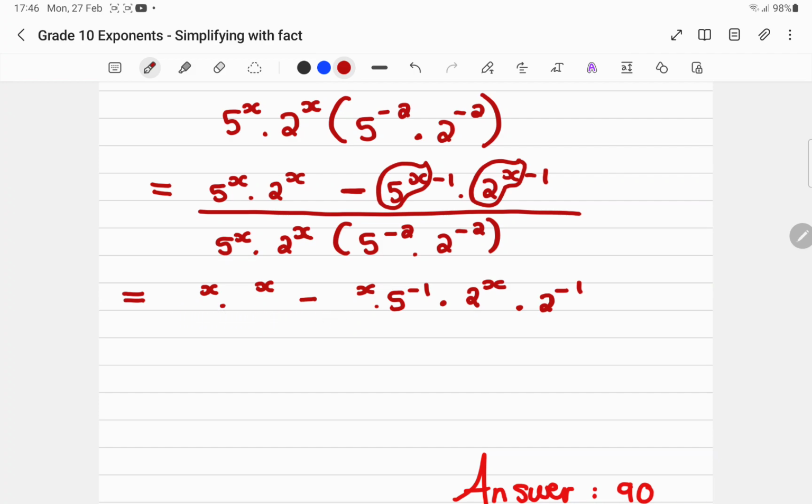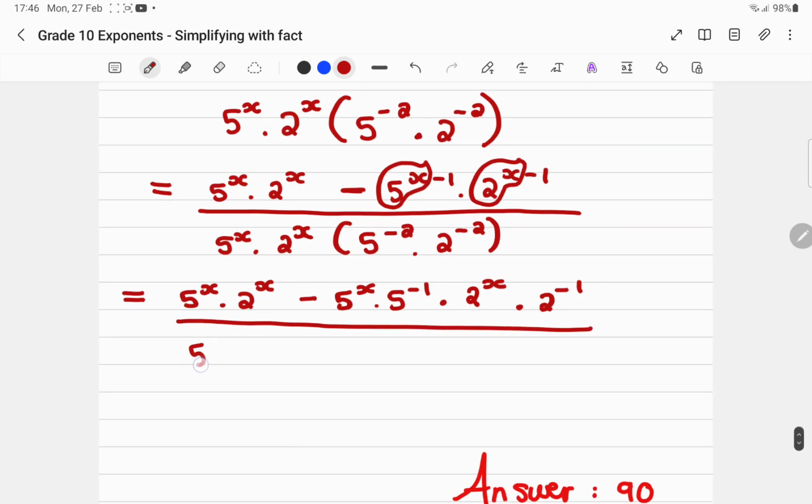Okay, so I just split it all over 5 to the power x times 2 to the power x that I've already factorized.